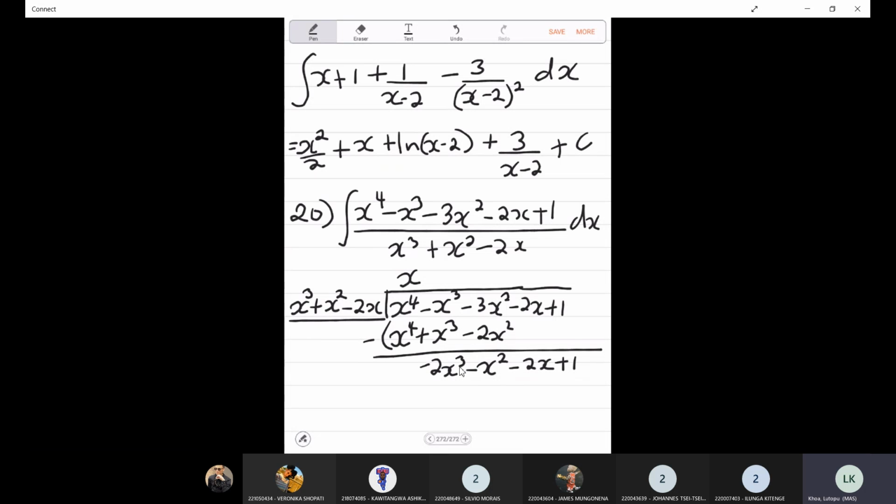Okay, so negative 2x cubed divided by x cubed, this is negative 2.